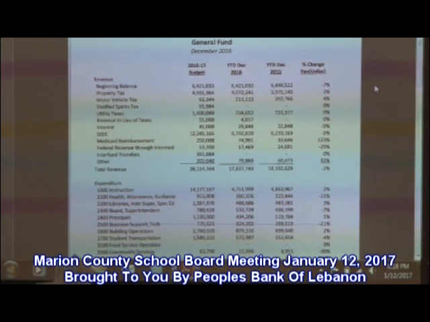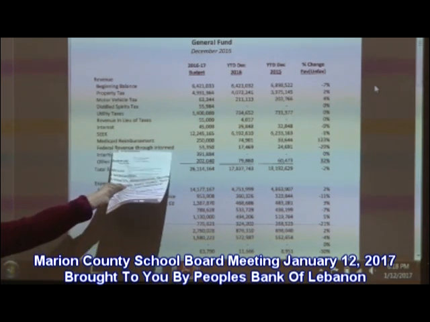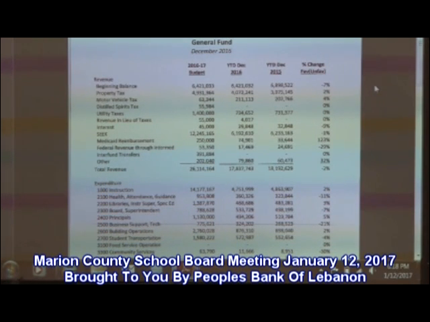The federal revenue through intermediate, last time I wasn't quite sure, and that's the ROTC program that the high school has, and they reimburse us for those teachers. It's slightly lower, and when I looked at this, I realized that in July, there was one revenue entry that was entered wrong, so it really hasn't gone down, and that'll be corrected in January.